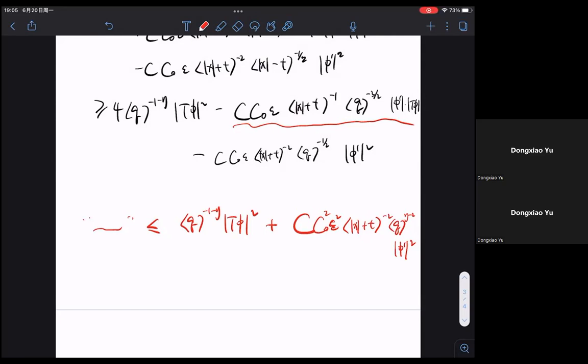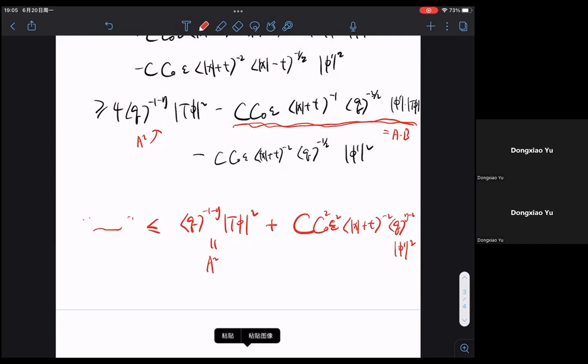Okay, here's the thing. So we see that our goal is to put the upper bound on this underlined part. And I would like to write it as A times B, where both A and B are positive terms. So my goal here is that I would hope that A squared is controlled by this. So I would take A squared equals q to the -1 minus eta's power times t φ squared, without this constant multiple of 4.